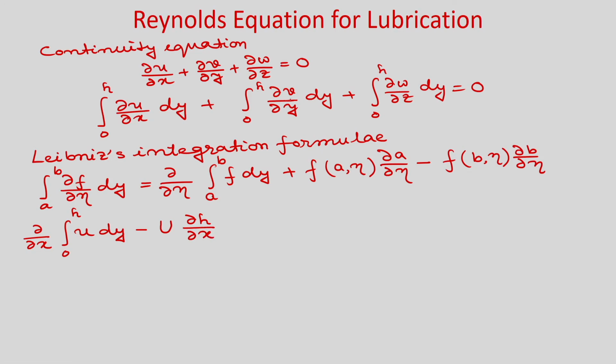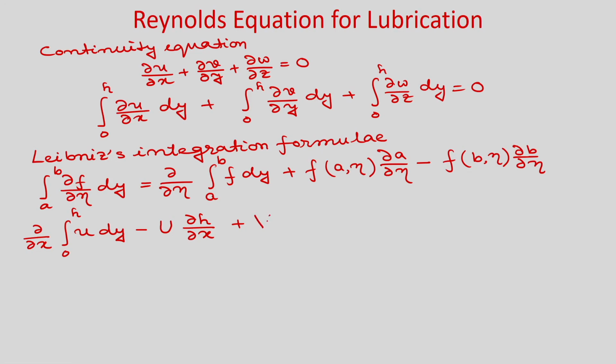Okay. For the next term, you can write it as integral 0 to h del v, and you will get v at h minus v at 0. At y equal to 0, obviously v is 0, and at y equal to h, it is capital V.